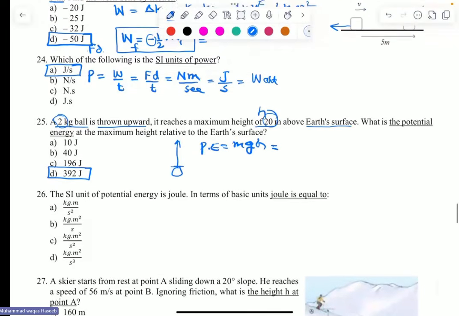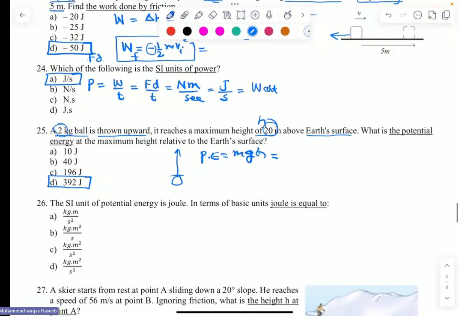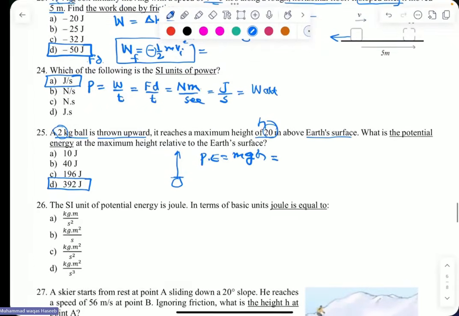Now we just calculated this, so see the SI unit of the potential energy. Potential energy is nothing but mgh. So m is kilogram, g is acceleration, which has a unit of meter per second squared, and height is also meter.